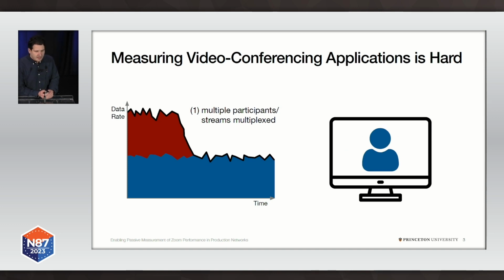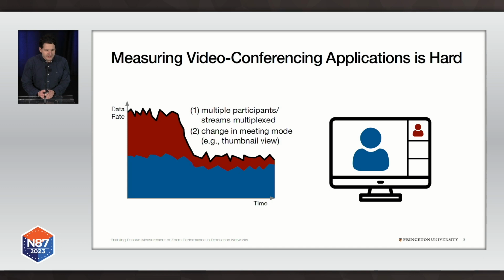Another thing could be a more subtle change, for example, a change in meeting mode. This means a participant's video is going essentially smaller, what Zoom calls gallery or thumbnail mode. And the pattern that you would see in the overall data would actually be the same.